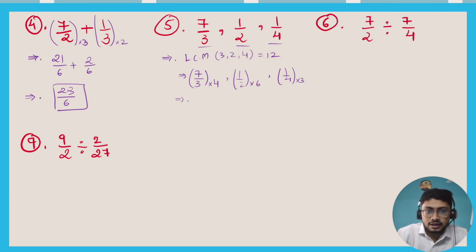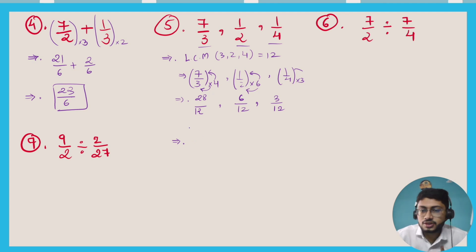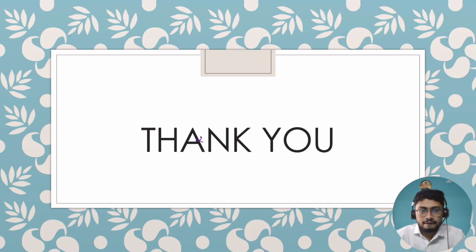7 fours are 28, 3 fours are 12. Again, multiply 6 with both, 6 upon 12, and here 3 upon 12. Which number is greater over here? Yes, 28 upon 12 is the greatest.